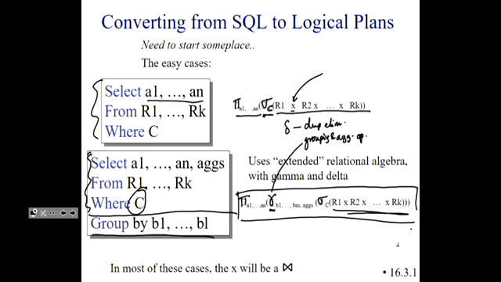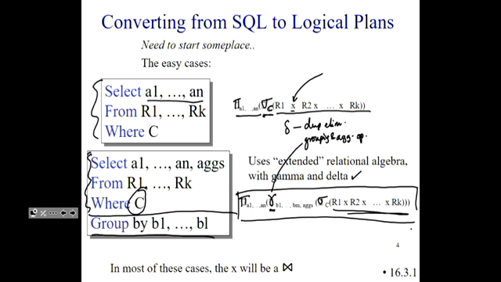That's really what the first step of query optimization does. The first step of query optimization is to take a SQL expression which can be fairly complicated, fairly general, and transform it into a relational algebra expression. And it's an extended relational algebra expression because it also has gamma and delta.